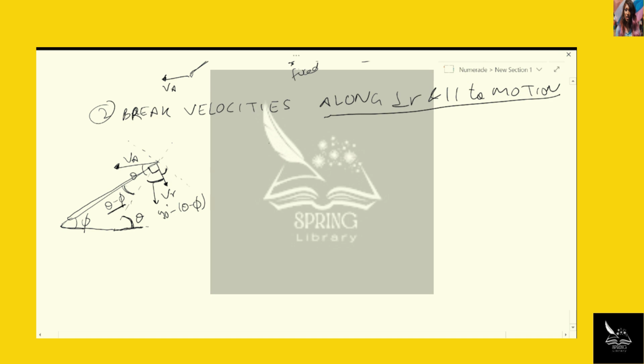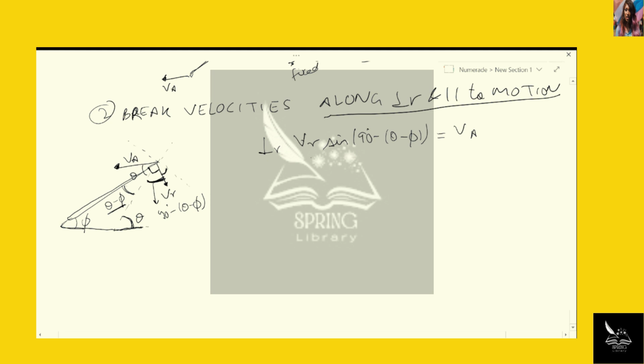So now we have everything. So we just write the equations. Let's write perpendicular to the wall. So perpendicular components. So VR times sine of 90 degrees minus (theta minus phi), because this angle is 90 degrees minus (theta minus phi). So this will be cosine, this will be sine. So this has to equal the perpendicular component of VA, because there is no net motion perpendicular to the wall. The motion is only along the wall.